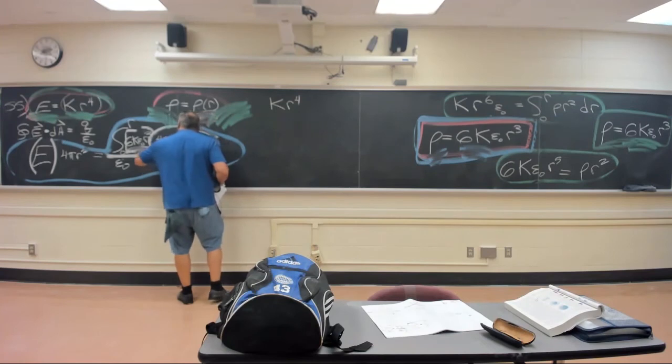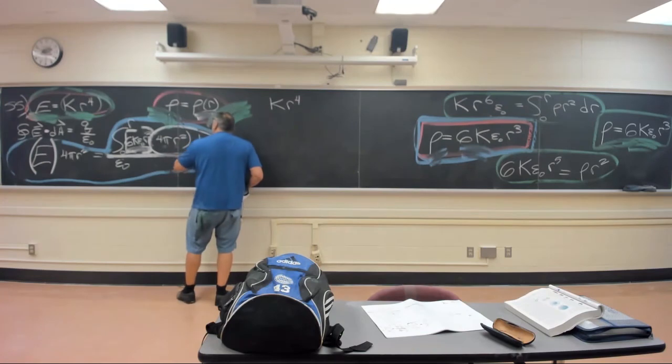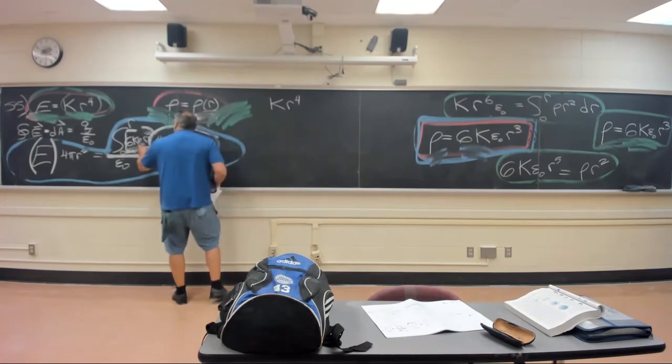That tells you how much charge is present in that very thin shell that has a radius of r.